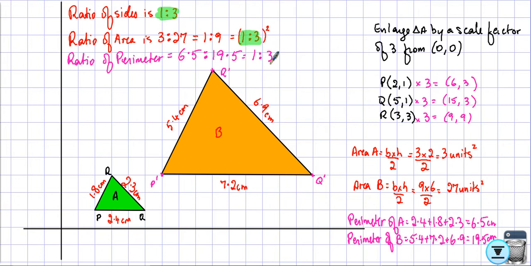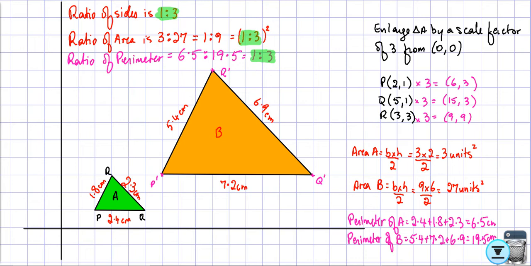So as you're noticing, that 1:3 is always there. The ratio of sides is the same as the ratio of the perimeter. Remember that this has been enlarged by a scale factor of 3. Remember also that when enlarging a shape, I don't change the angles, okay? So the angles of PQR and P'Q'R' are the same. Only the sides have grown bigger.